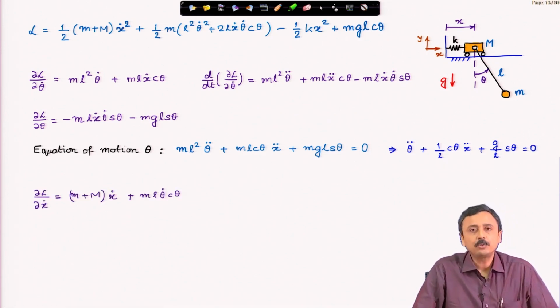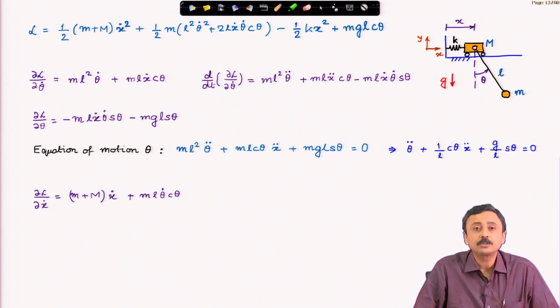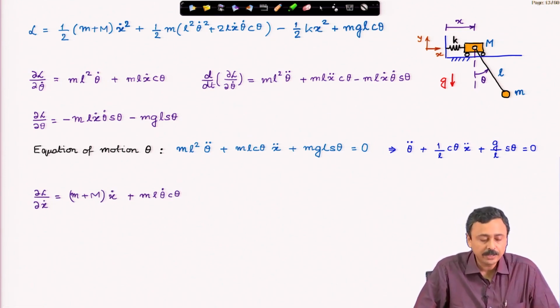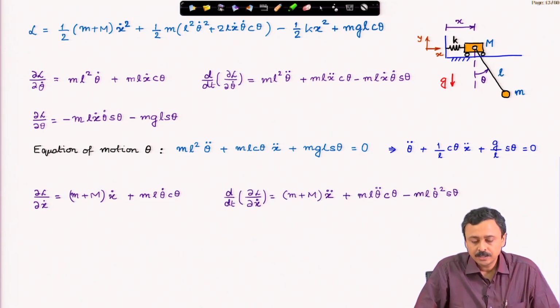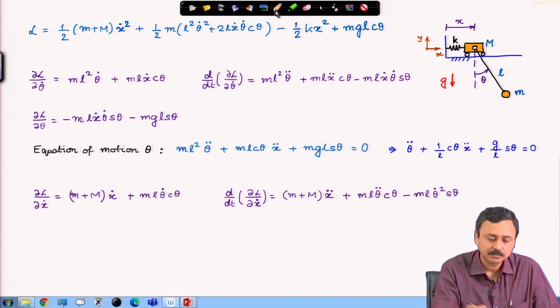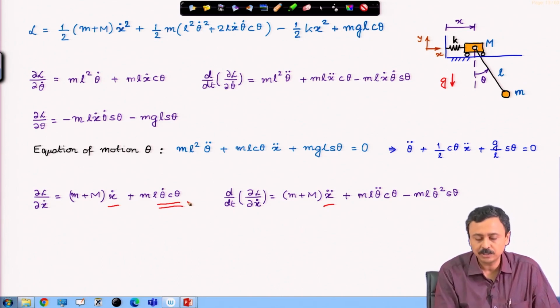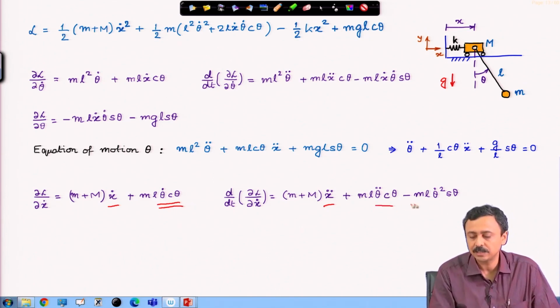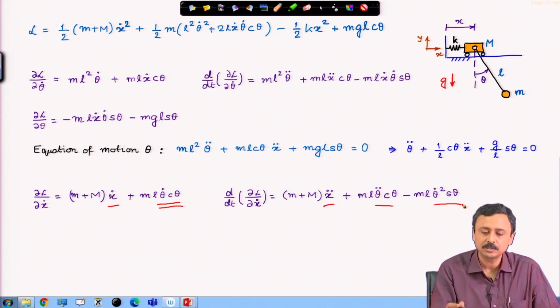Now, the second equation of motion, which corresponds to the x coordinate, we have to calculate del L del x dot. Here I have calculated that there are two contributions, d dt of del L del x dot. Once again, when I differentiate the first term, I will get a double derivative of x. When I time differentiate the second term, we will have contributions from theta dot and cosine theta, and this is how it looks.